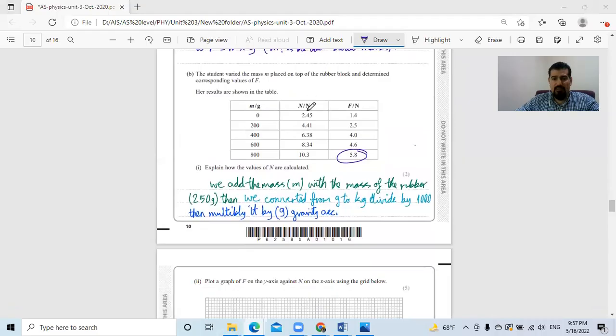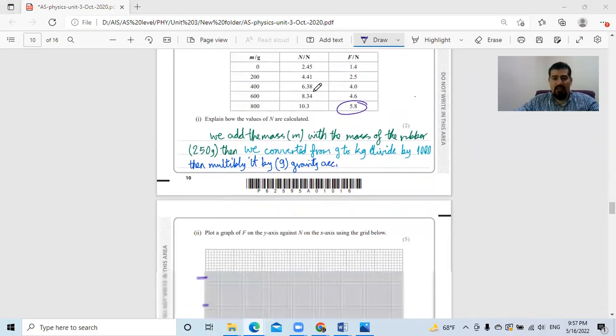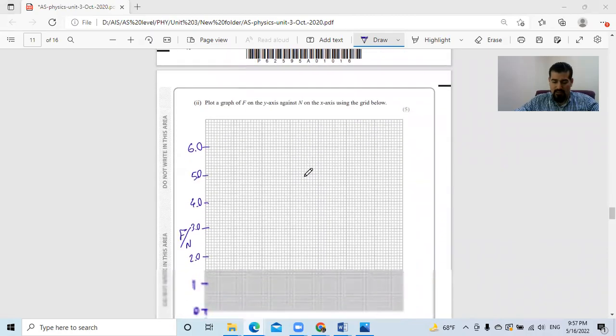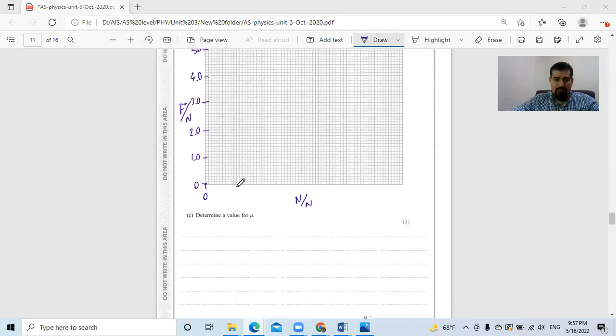For example, the normal reaction starts from 2.45 and finishes at 10.3. If I use 1, 2, 3, 4, 5, 6, 7, it's not enough. That means I will make a bigger scale.